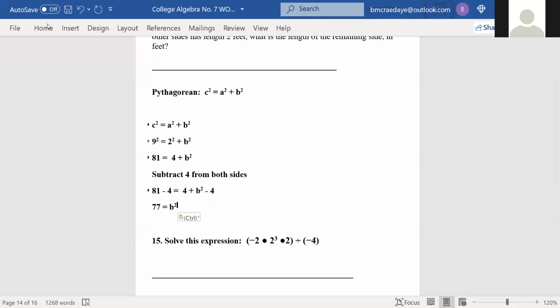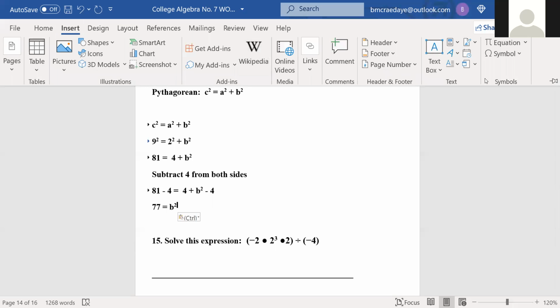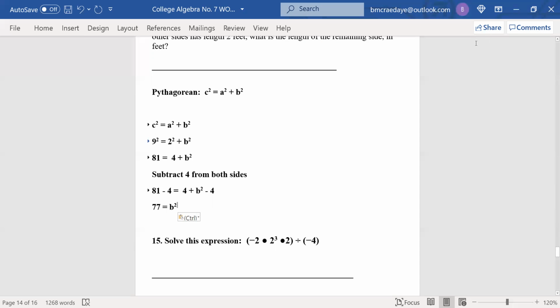So I can find, let's see, insert. Oh, let's see. I was trying to find my square root symbol. Do I have one someplace? Did I have one some other place? I don't think I had too many of those.